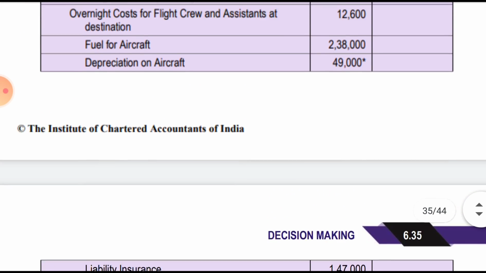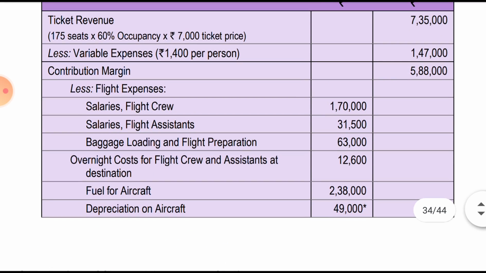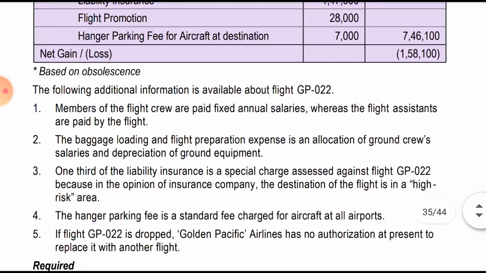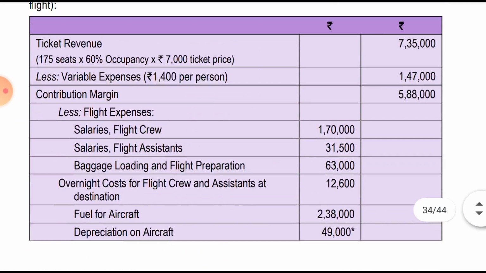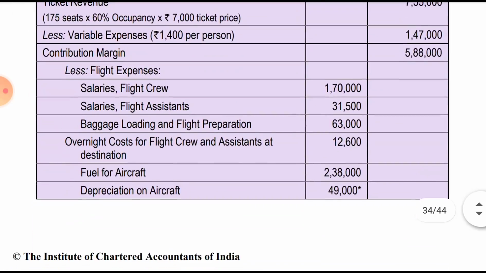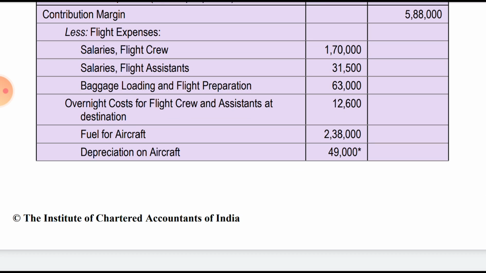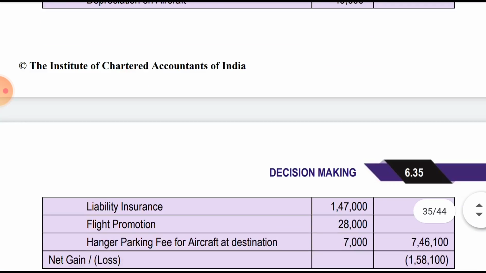For the flight crew, this 1,70,000 will not be deducted, because it is irrelevant as it is a fixed cost. But for flight assistants, who are paid by the flight, this 31,500 would be considered for deduction.